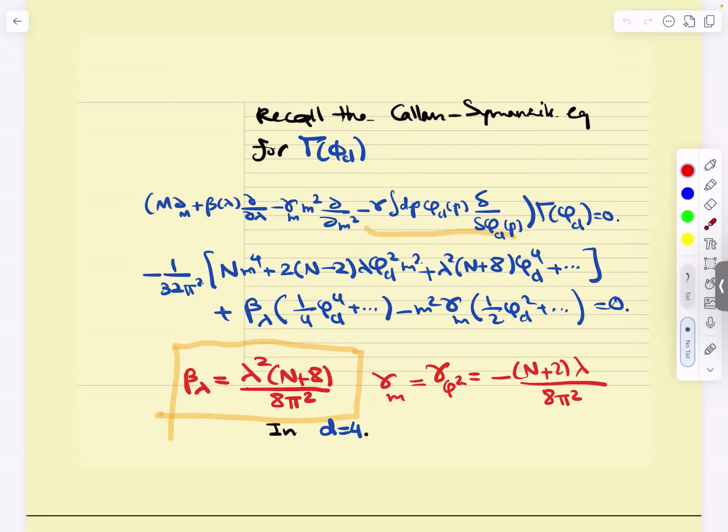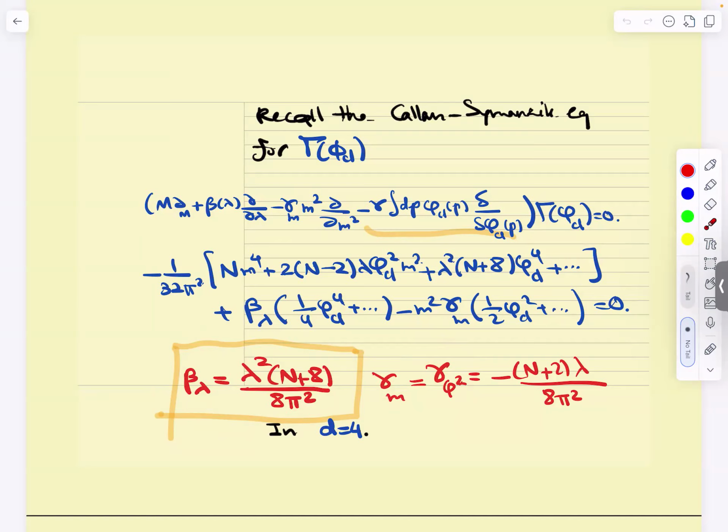We could explicitly expand this in powers of lambda and m squared around the fixed point, and we found that the beta function for the coupling is lambda squared over 8 pi squared times n plus 8, and gamma of m, which is the running of the mass term, is like this.